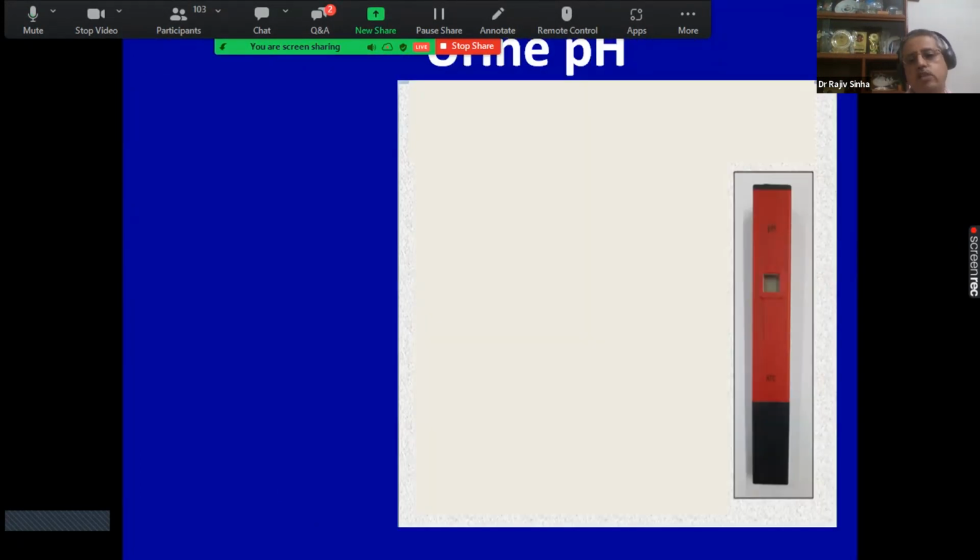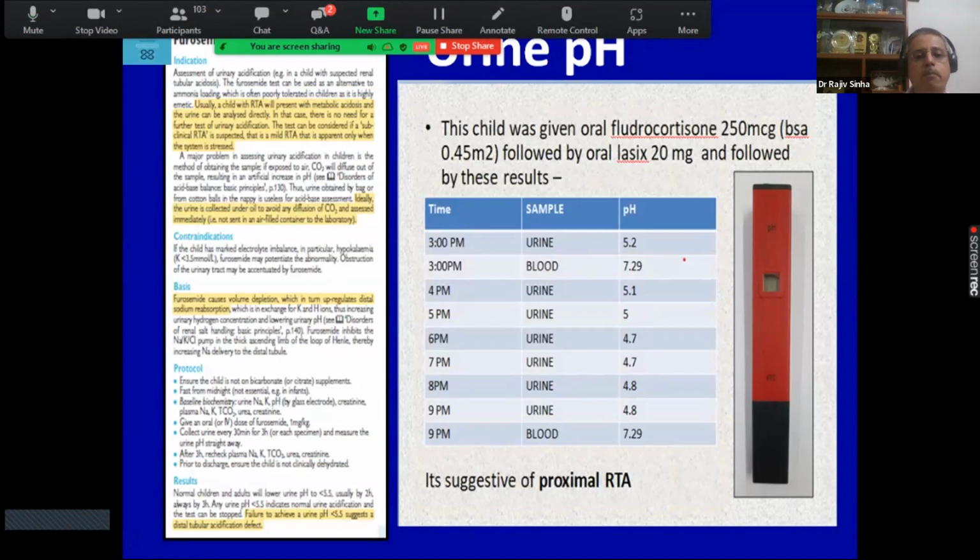Few words on the urine pH also. The most important thing is that ideally it should be checked by a glass electrode, by a pH meter, as it is shown here. So it should be checked by a urine pH meter, and it should be checked at the bedside.